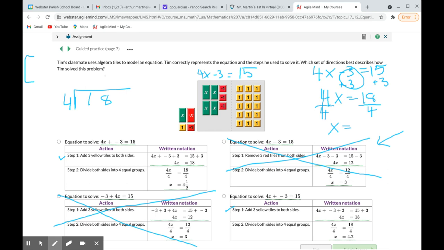Help us out, somebody. 4 times 3 is 12. 4 times 4 is 16. Yeah, 4 times. When we subtract, we get a remainder of 2. So is this going to be 4 and 2 fourths, or would this be 4.2?